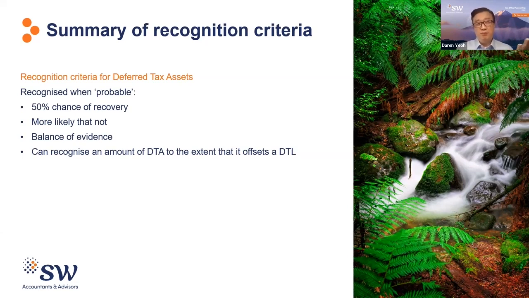Your positive evidence might be, for example, you acquired a business that is generating income, or the economic situation has changed, or you have come out from, I guess, a startup period. So you compare the two and decide whether or not you satisfy the more likely than not criteria. Also, you can recognize an amount of deferred tax asset to offset any DTLs that you are required to recognize.